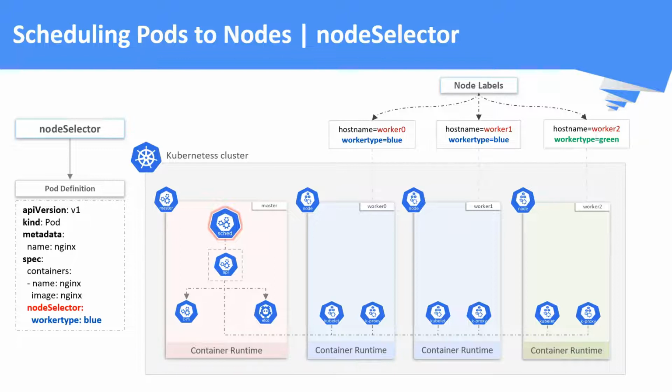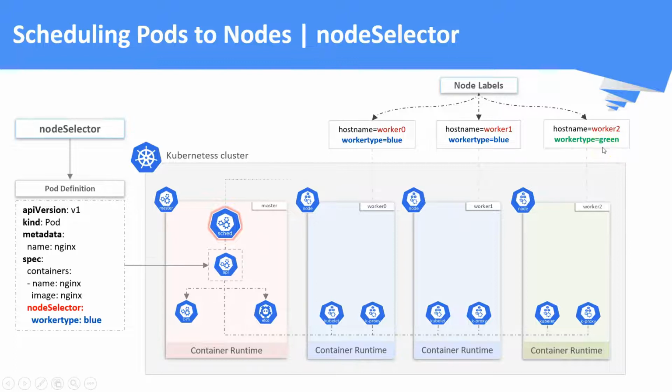Here, in this case, we have added custom labels to our nodes. The worker node 0 and worker node 1 are labeled with worker type equals blue, whereas worker node number 2 is labeled with worker type equals green.